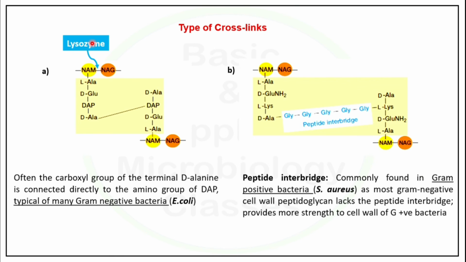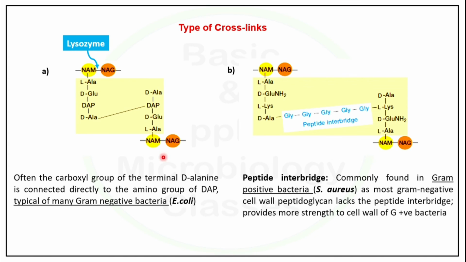Lysozyme has a target site, the beta-1,4 glycosidic bond. It breaks down the beta-1,4 glycosidic bond between NAM and NAG, and in this way the bacterial cell wall is disintegrated and the bacteria are killed. This is the mode of action of lysozyme, which you can clearly understand through this picture.